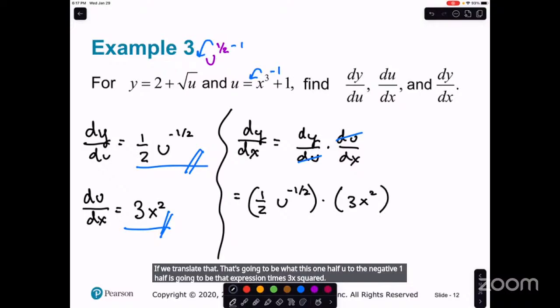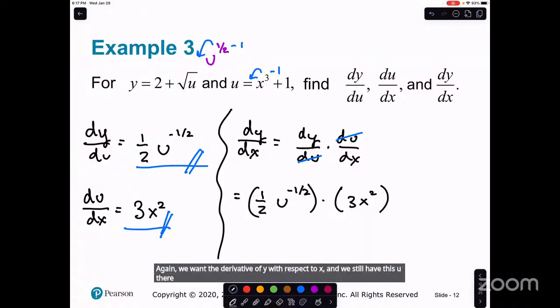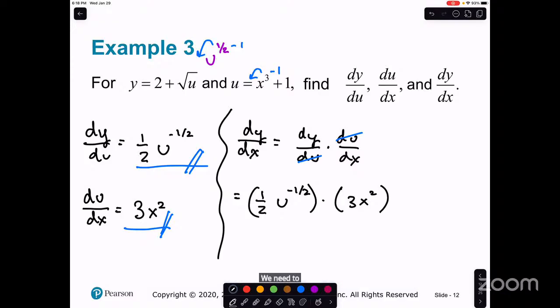But there's one more step we need to do here. Again, we want the derivative of y with respect to x, and we still have this u there. So we need to find u in terms of x, which was given. We need to replace u with the original function.